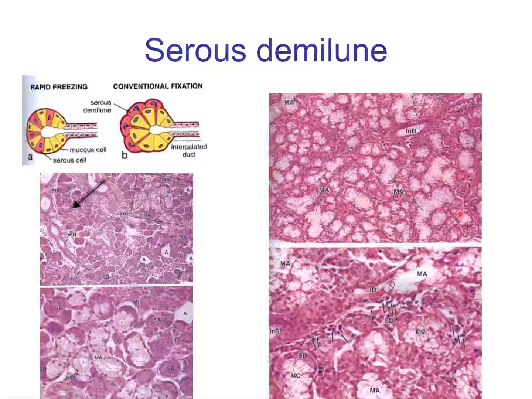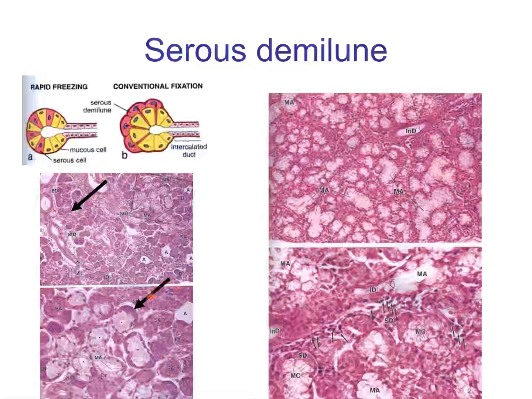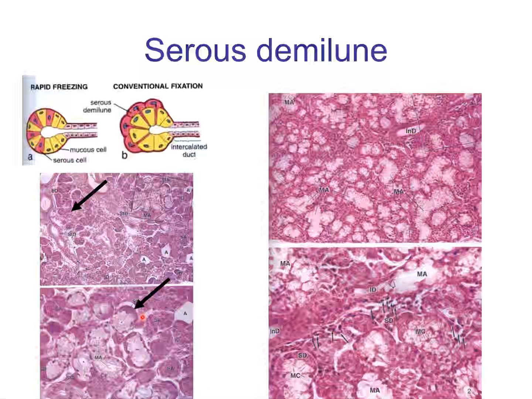So here you can see serous acinus, which takes dark color because they have protein synthesizing apparatus and take hematoxylin stain, and the displaced serous acinus on the top of the mucous acinus is the serous demilume.